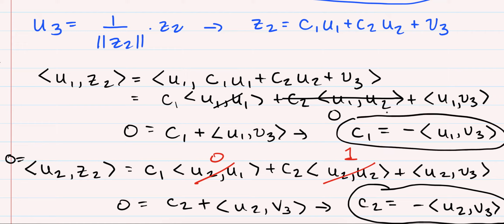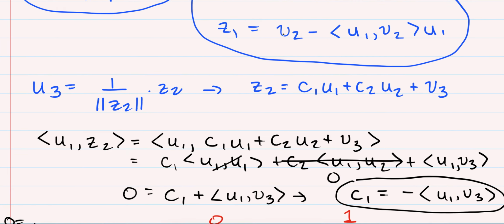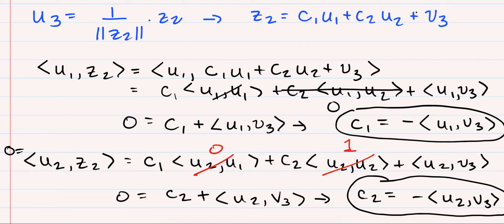I plug it in to here, and look at the relationship with this one. You see a negative and a negative, and I have a positive v3. So that tells me that z2 is v3 minus the inner product of u1 with v3 times u1, subtract the inner product of u2 with v3 times u2.